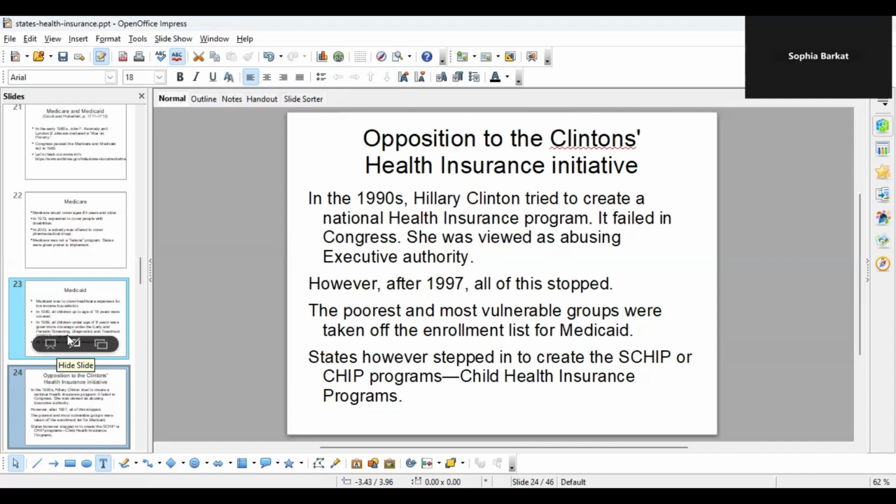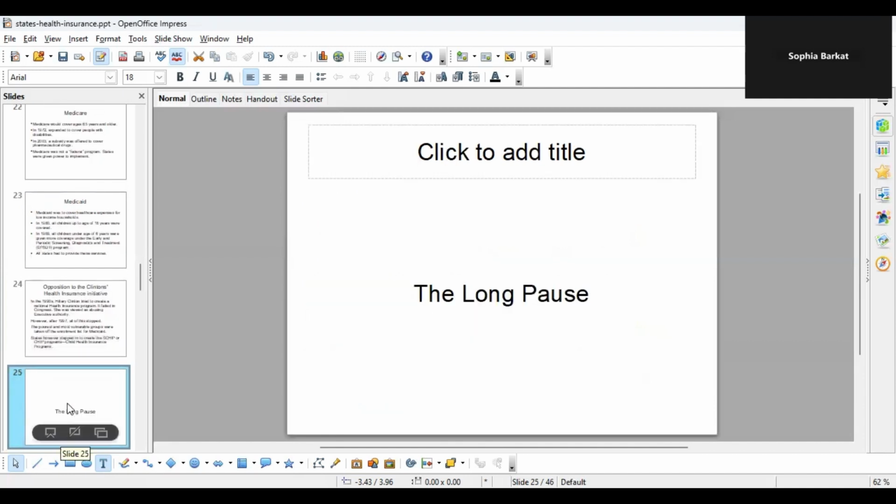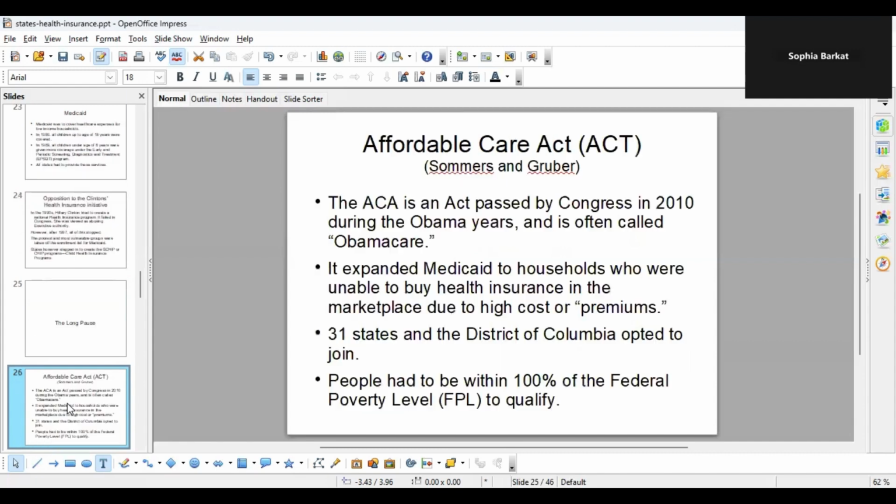States, however, stepped in to create the Child Health Insurance Program at this time at the state level. After the 1990s, there was a long pause in which we didn't see much change happening.